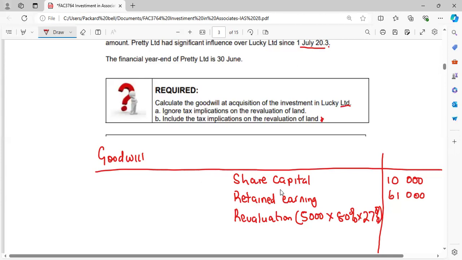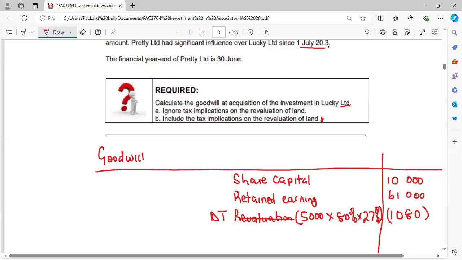How much are we going to have as our deferred tax here? Are you guys there? So our deferred tax is going to be 1,080.